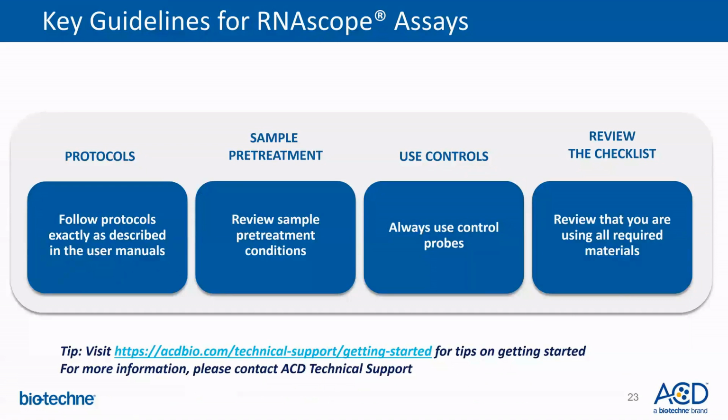Please review the sample pretreatment conditions and ensure that you use the right sample pretreatment condition for your sample type. We strongly recommend that you always use control probes, positive and negative, to qualify the RNA and the sample quality, and review the checklist to ensure that you're using all the required materials. You can visit the link shown at the bottom of the slide for tips on getting started.